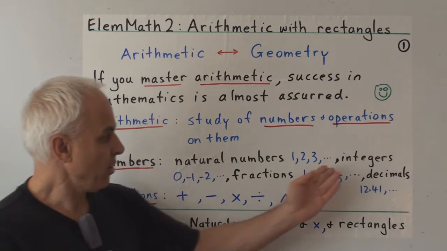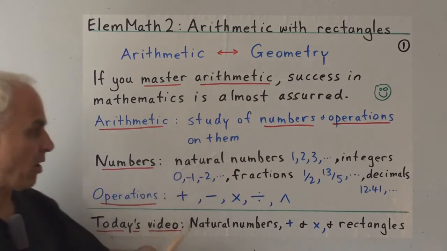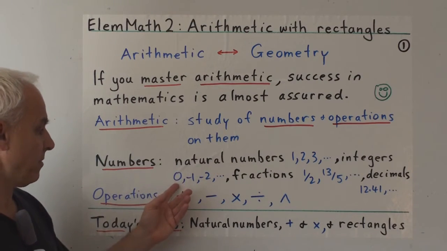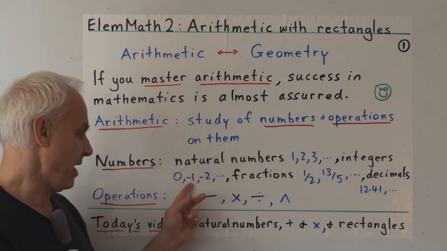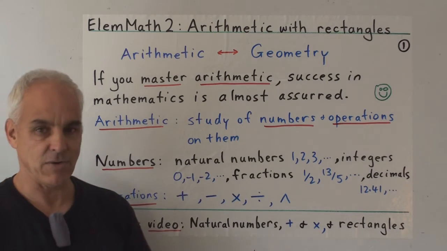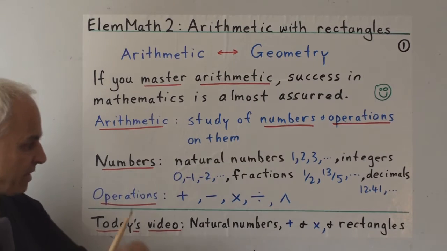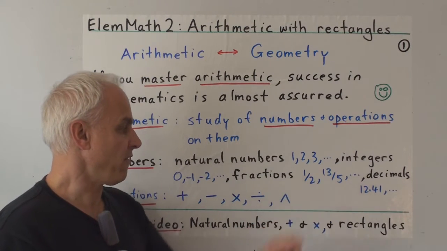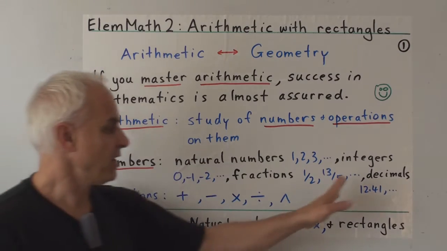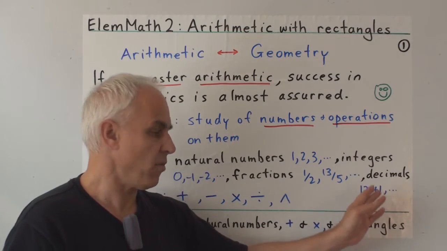A little bit later on, we move to integers, where we also add 0, which is very important, and some negative numbers, -1, -2, -3, and so on. And then a little bit later, we talk about fractions like 1/2 or 13/5, and then decimals like 12.41, and so on.